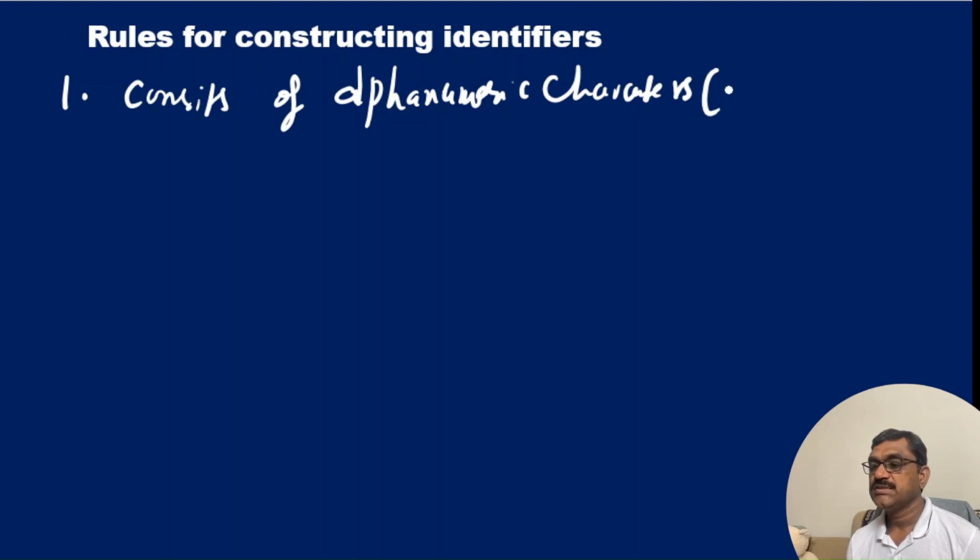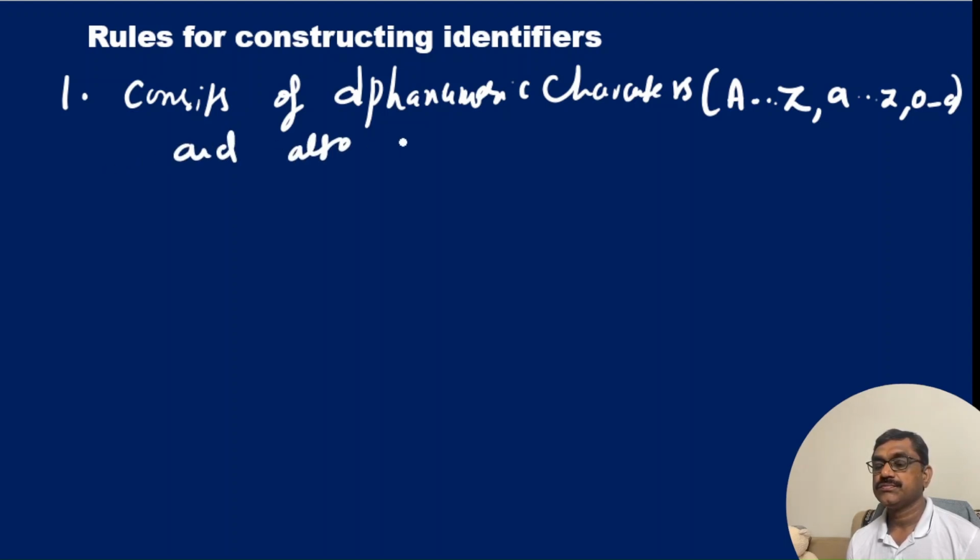Alphanumeric characters means we can use alphabets from uppercase A to Z, small a to small z, the digits from 0 to 9, and also underscore. That means an identifier may consist of alphanumeric characters and underscore. This is the first rule.